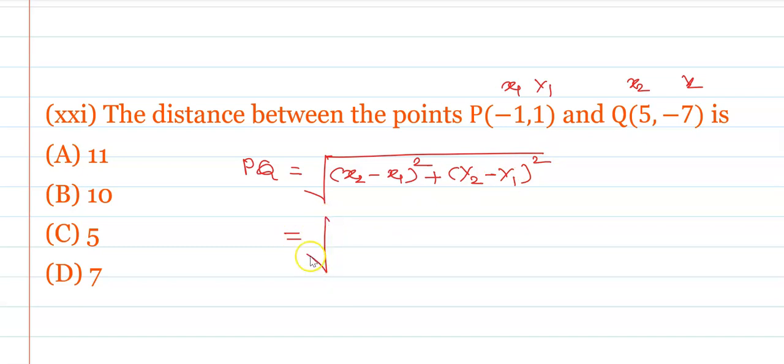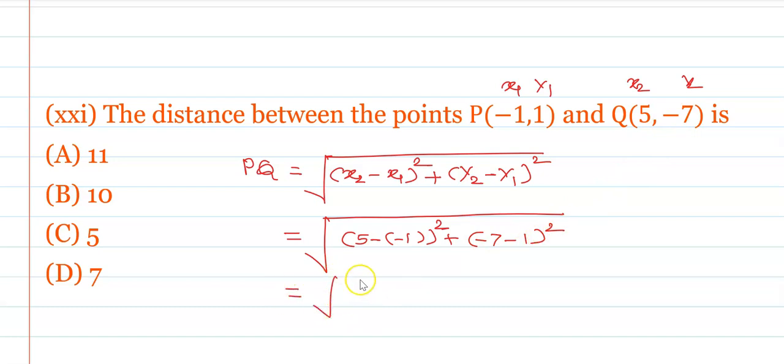What about the x2? x2 is 5, x1 is -1, and bracket square plus, what about the y2? y2 is -7, y1 is 1, and bracket square.